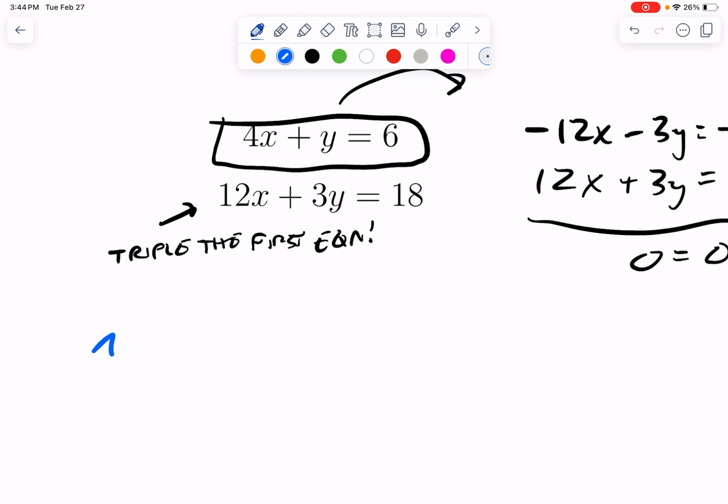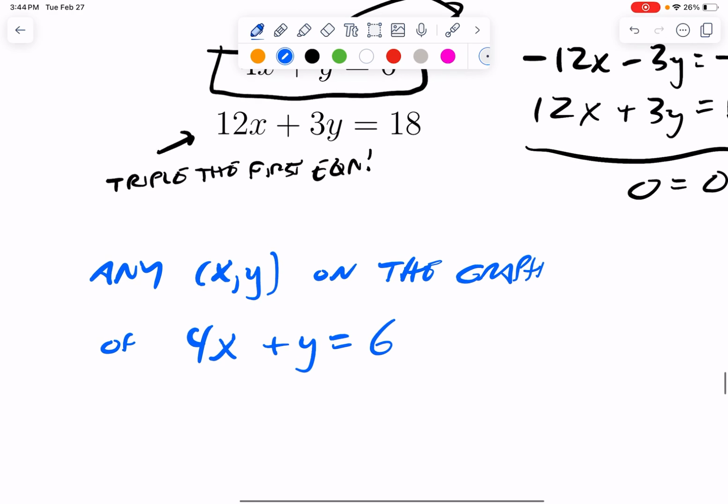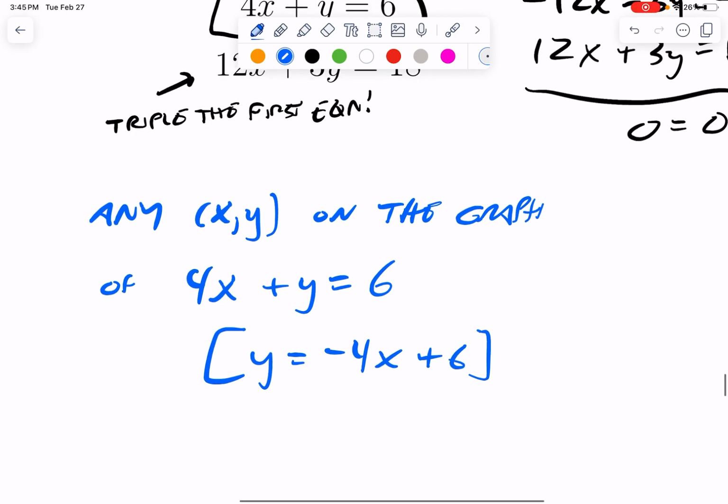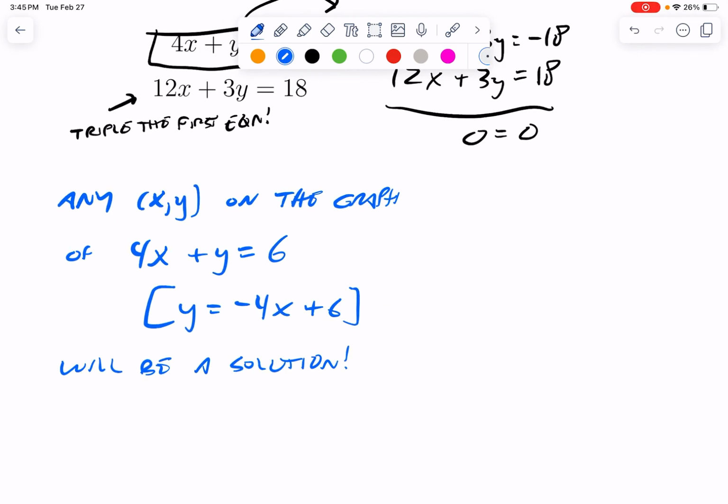So it turns out any combination of x and y on the graph of 4x plus y equals 6, in slope-intercept form, that's y equals negative 4x plus 6, will be a solution. So there are, in fact, lots and lots and lots of solutions.